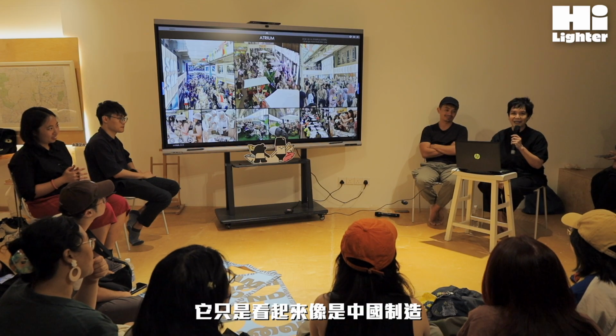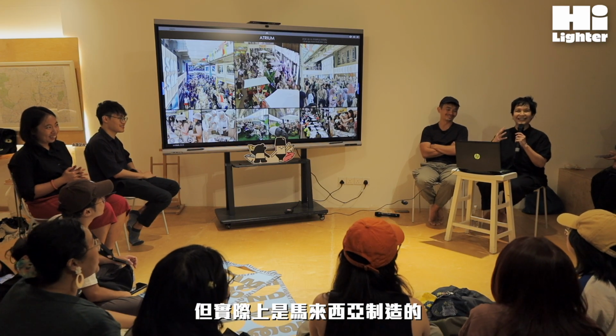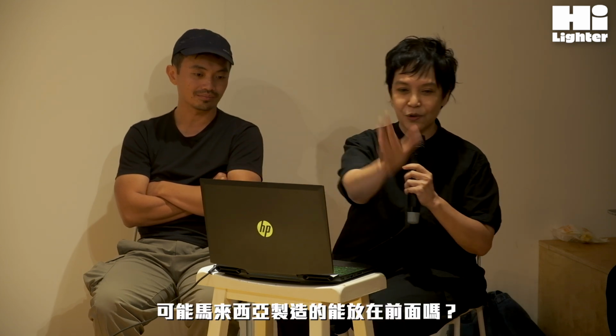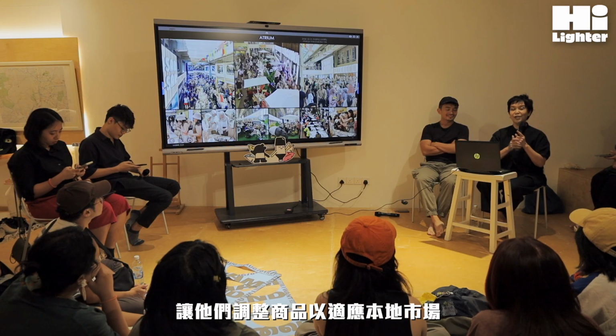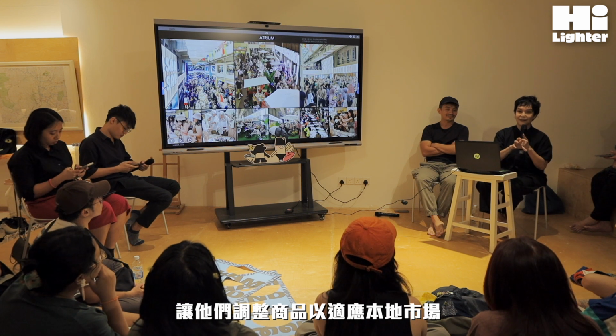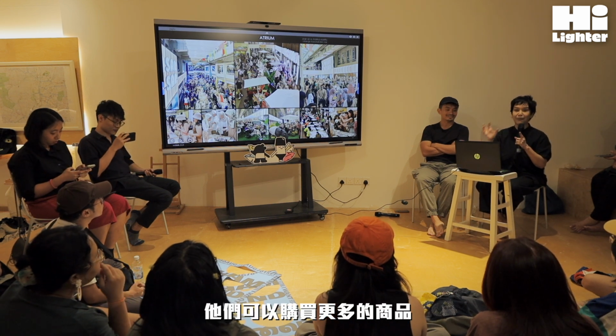It just looks like made in China, but it is actually made in Malaysia. So how? Auntie, what does the local buy? You have to identify. They buy, can you put it in front, can put at the back. They don't have money to buy more stuff because they lost money for the 2 years. So it's a gradual process of holding their hand to ask them to pivot, change their merchandise to suit locals, and then when they make a bit more money, get more stuff.